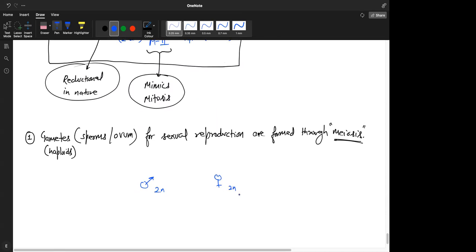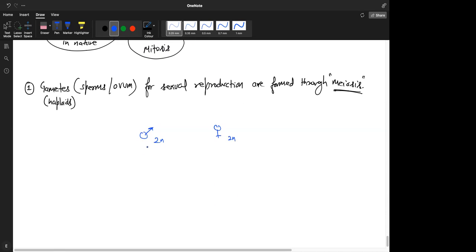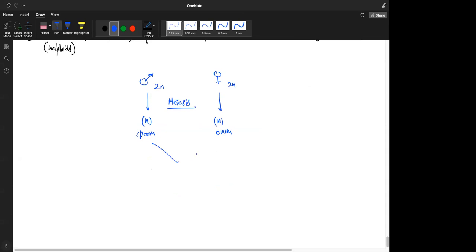And a female is also diploid. Because of meiosis, a male can make a sperm, which is haploid. And a female can make an ovum, which is haploid, right? And this is happening because of meiosis. Then both of them fuse together, they form a zygote, which is 2n.